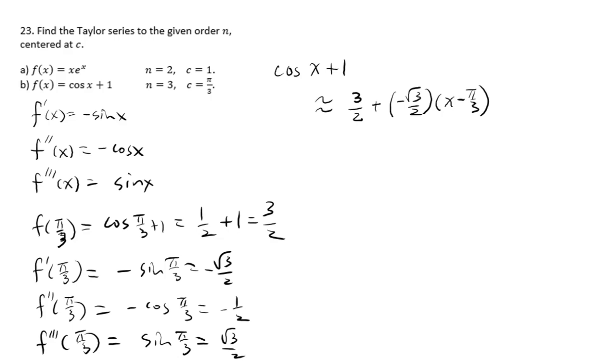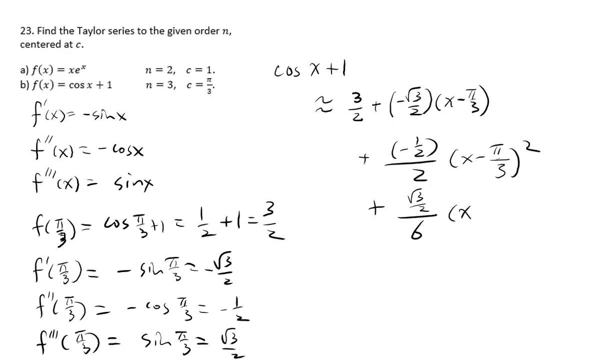The next one, which is negative 1/2, is divided by 2, x minus pi over 3 squared. And the third one is divided by 3 factorial, which is 6. So you have to divide by 6, radical 3 over 2, x minus pi over 3 cubed. That's the Taylor polynomial for cosine x plus 1, degree 3, centered at pi over 3.